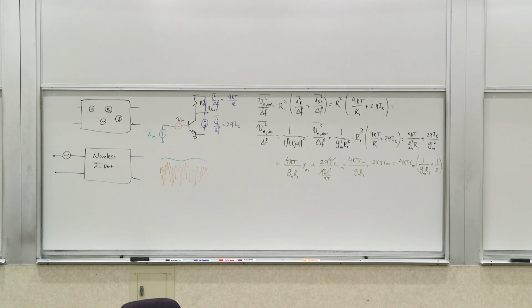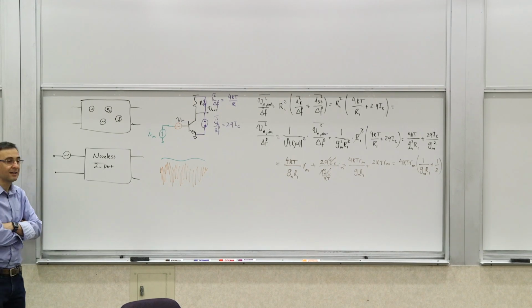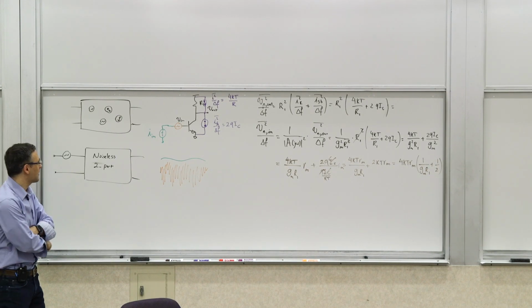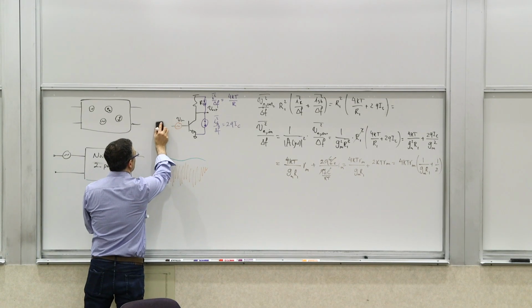So if I drive the input with a current source, and if I had that voltage source by itself, that orange voltage source, the input referred voltage source, how much noise do I get at the output? Think about that. Well, if you're in doubt, use superposition from a linear, small signal perspective, right? When I null I in, what output would V in generate? Nothing, right? Because when I null it, this disappears.